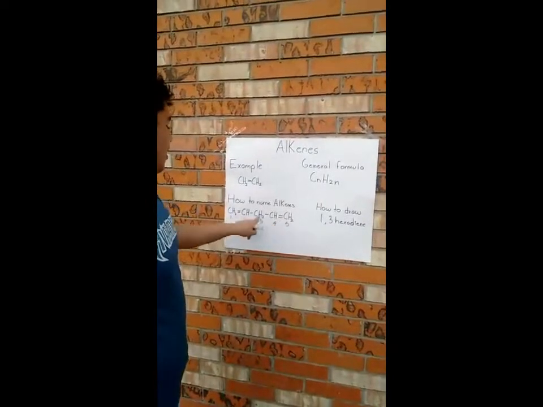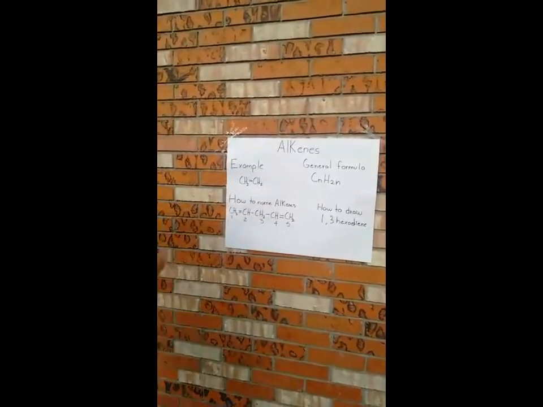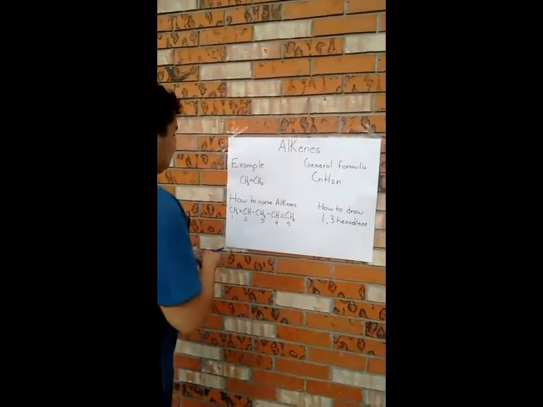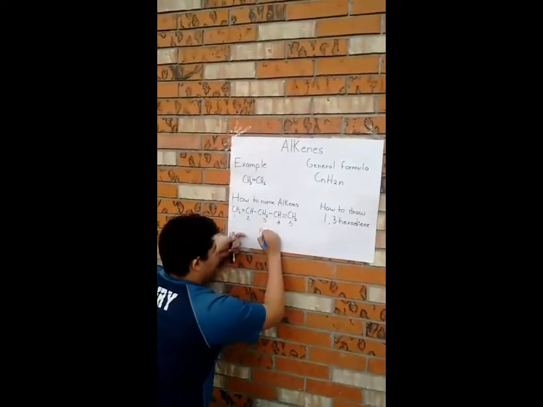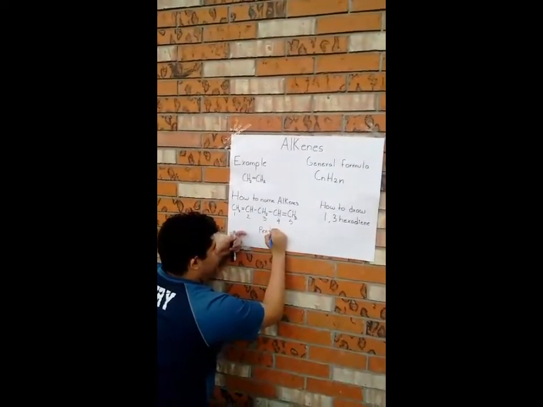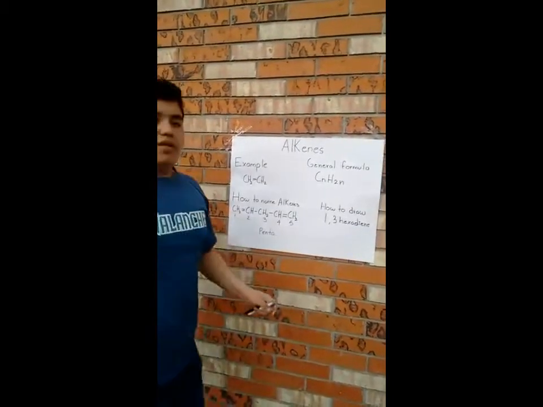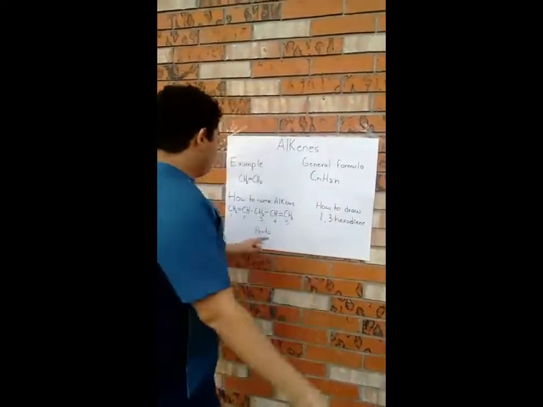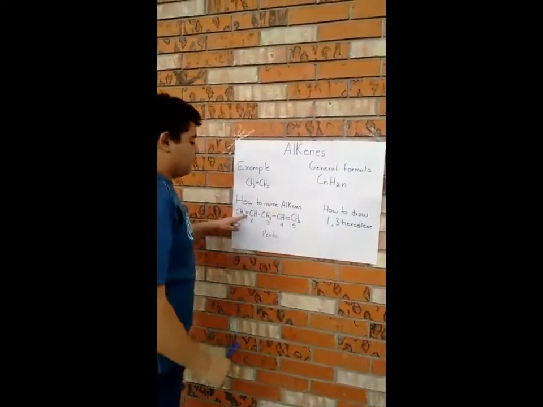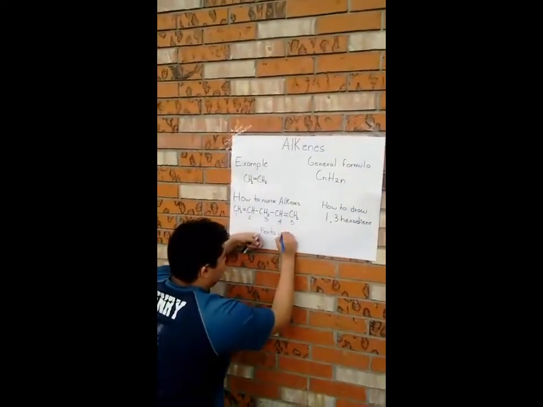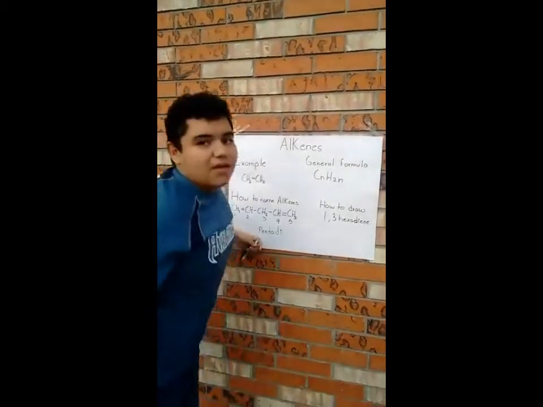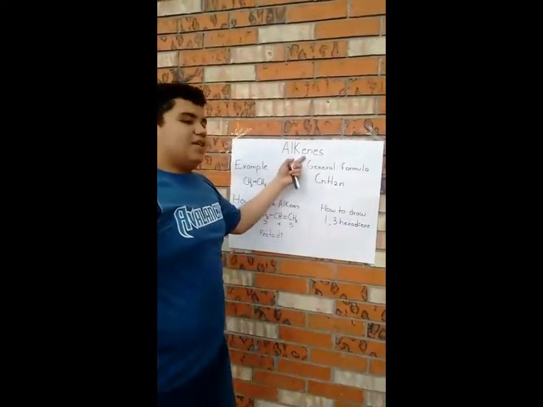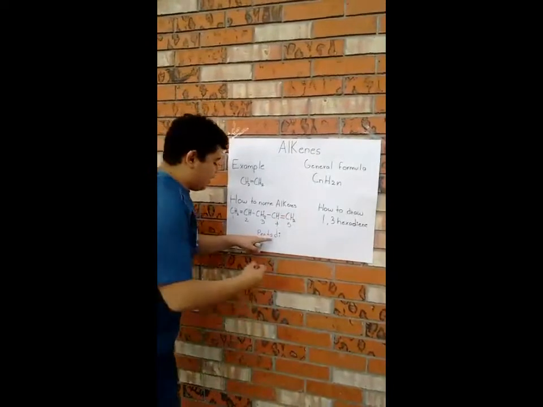Then, identify the double bond, and this is a pent. When there exist 2 double bonds, the ending is -diene, because it's an alkene, so it is pentadiene.